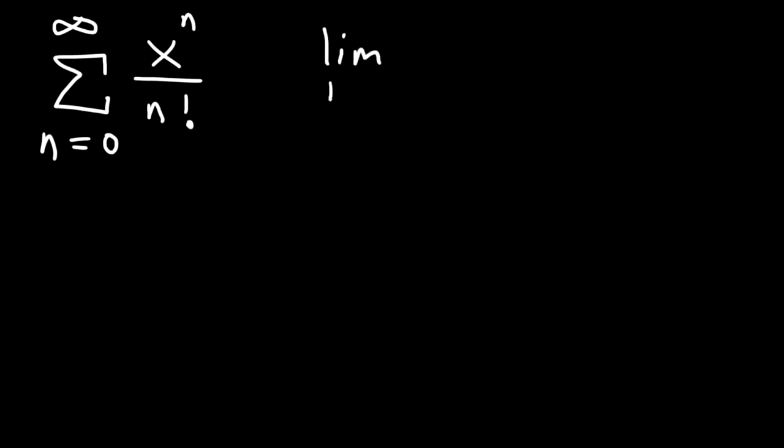So let's say we have the power series from n = 0 to infinity of x to the n over n factorial. Go ahead and determine the radius and the interval of convergence for this power series. So let's start with the ratio test. The limit as n goes to infinity of u sub n plus 1 divided by u sub n.